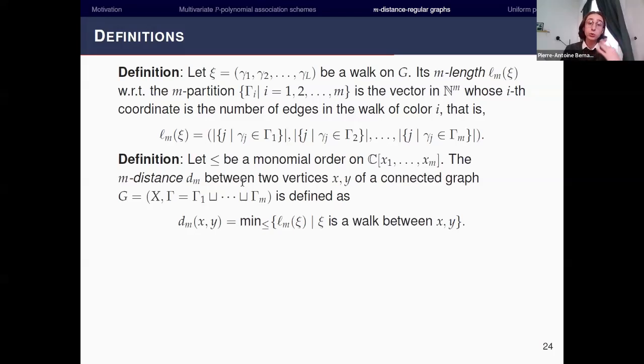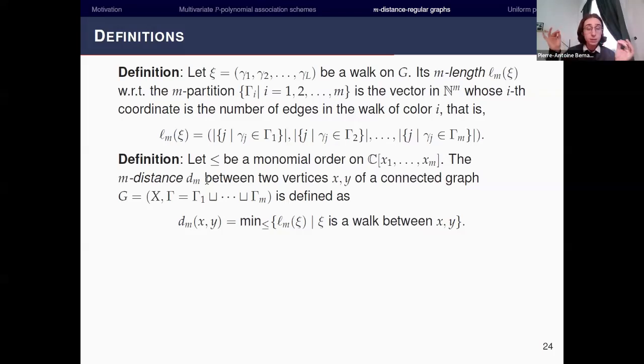Now, if we introduce furthermore a monomial order, we can define a notion of m distance. So imagine that you have two vertices in your graph, and you have this partition of the edges in some m colors. What you can do is consider the set of all the possible walks between x and y.